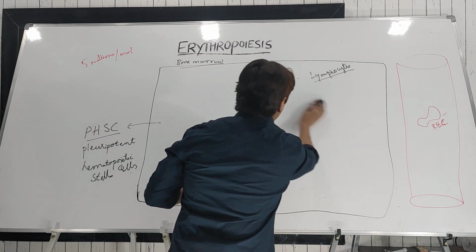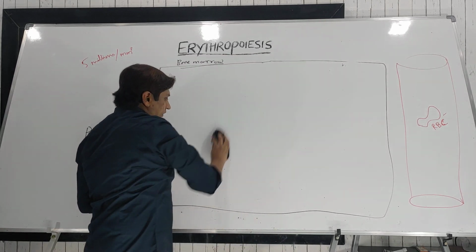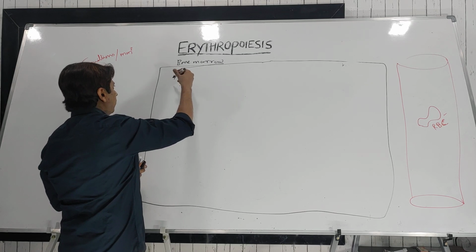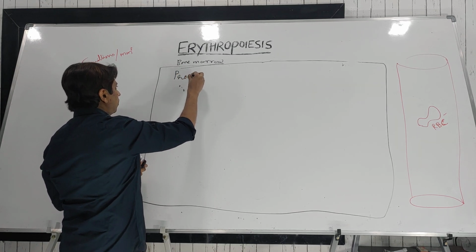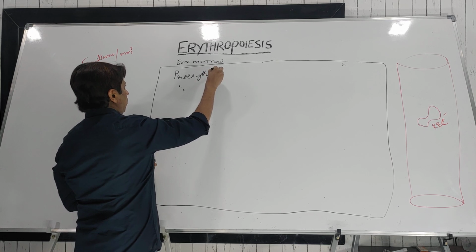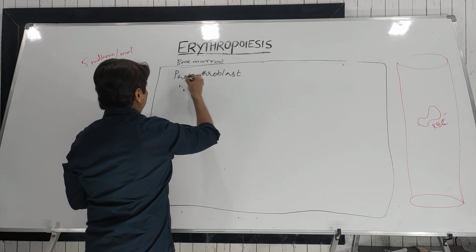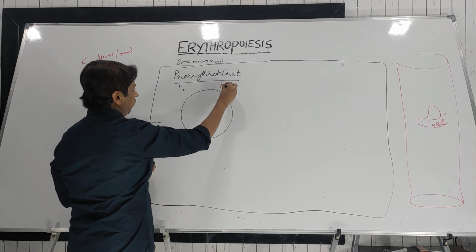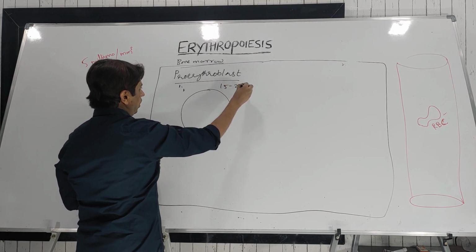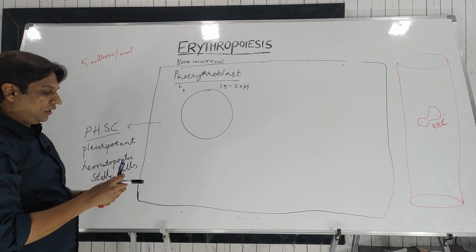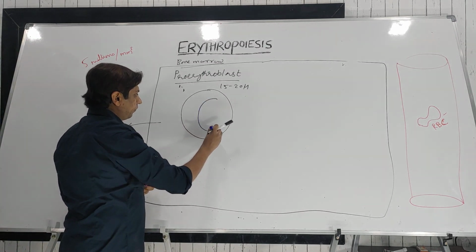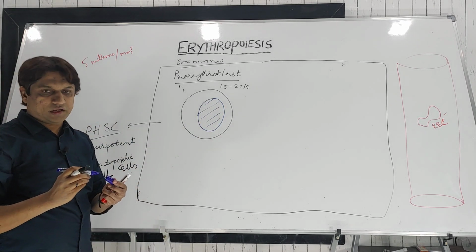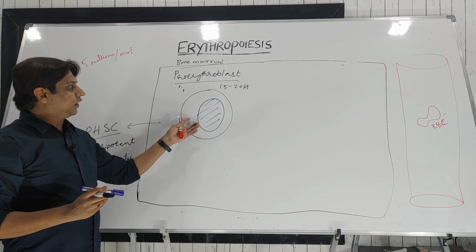So the first cell in the stages of erythropoiesis will be the proerythroblast. It is a very large cell with a diameter of around 15 to 20 microns and a large nucleus.